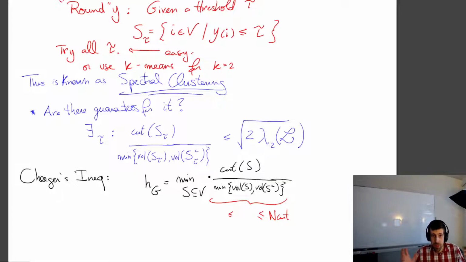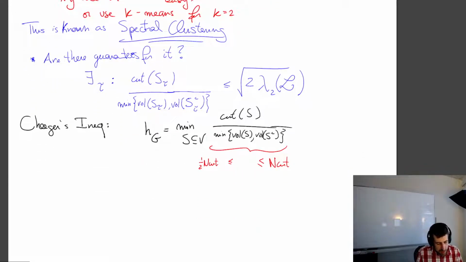Here I'm just picking the biggest of those two terms, and it is smaller than the normalized cut. To write this inequality, it's nicer with this expression, but they're the same up to a factor of 2. Okay, and Cheeger's inequality says the following. It says that in the definitions above we have the following.